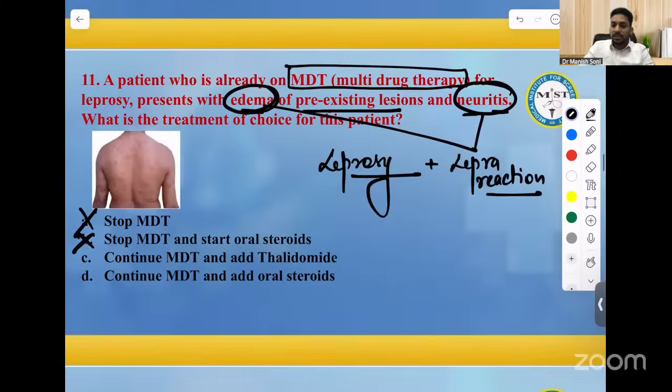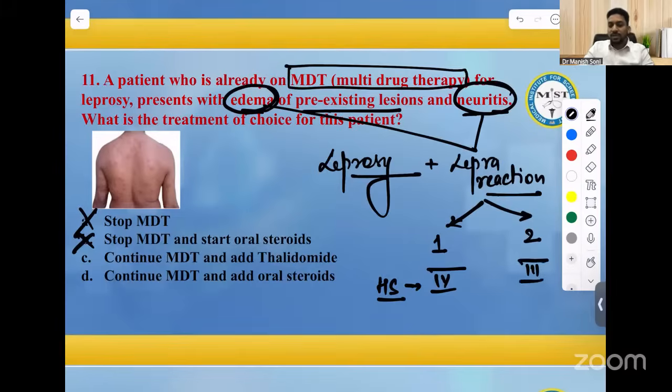This lepra reaction can be of two types, type 1 and type 2, which are hypersensitivity reactions. Type 1 is type 4 hypersensitivity, and type 2 is type 3 hypersensitivity. When a patient develops lepra reaction, the drug of choice is steroids in type 1 as well as type 2. In both, the drug of choice is steroids.